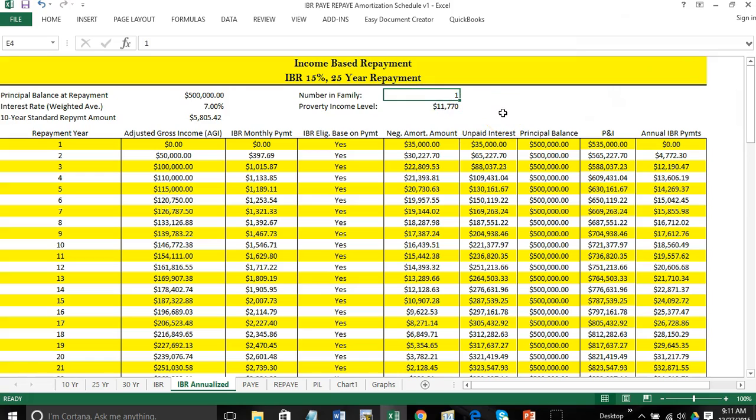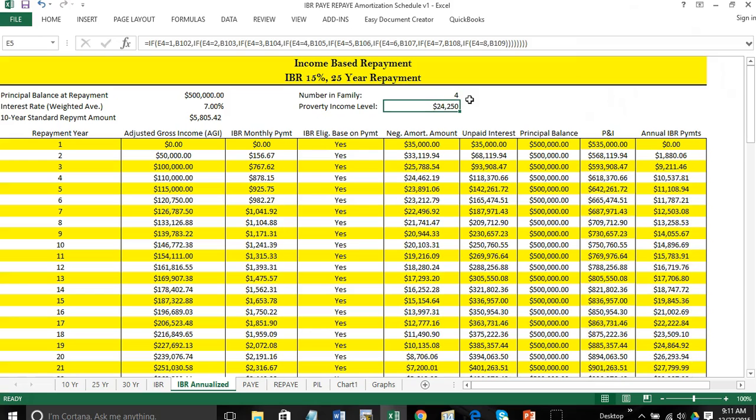If we have 4 in family as opposed to 1 under year 2, let's see what happens to that amount. It's almost $400. So 4 in family would result in a drop of about $250. As your family increases, but your income stays the same, this payment drops. It's a nice feature, but I'll go back to 1.